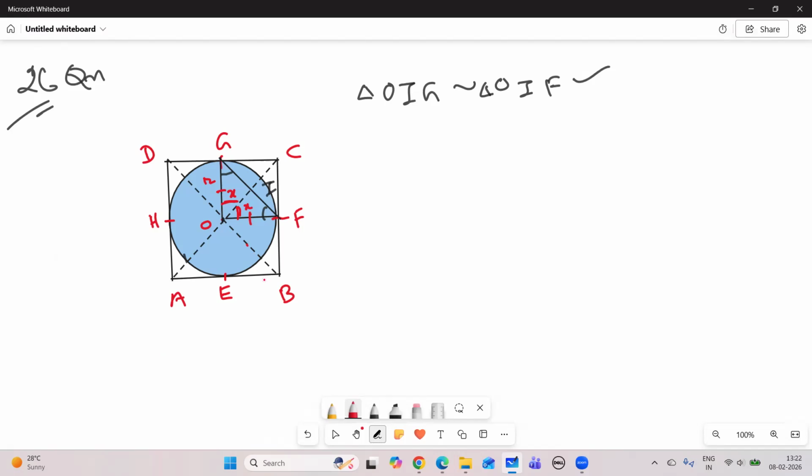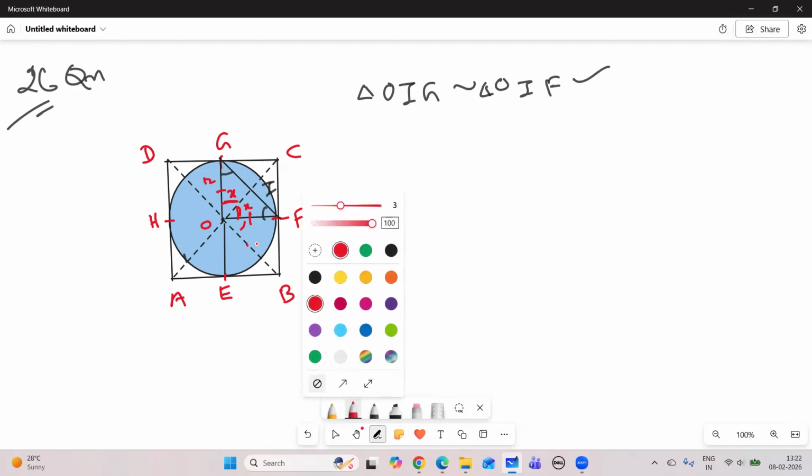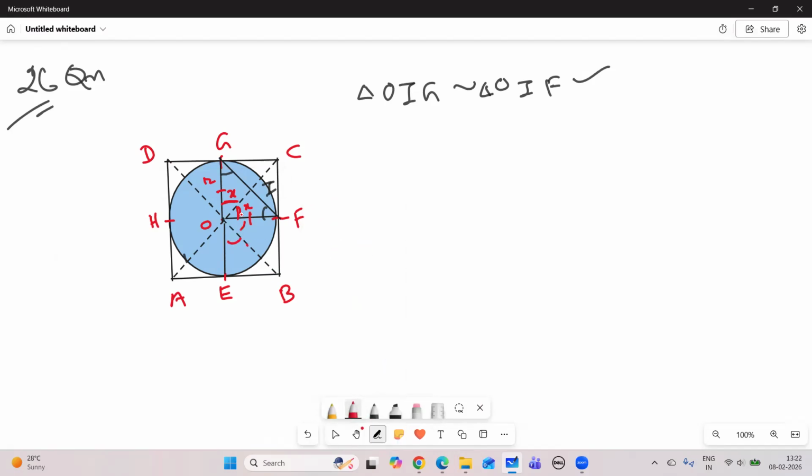Okay, so here, let us join O with E. Now, as before, we have got these two angles equal. Now we can get this angle and this angle are equal.